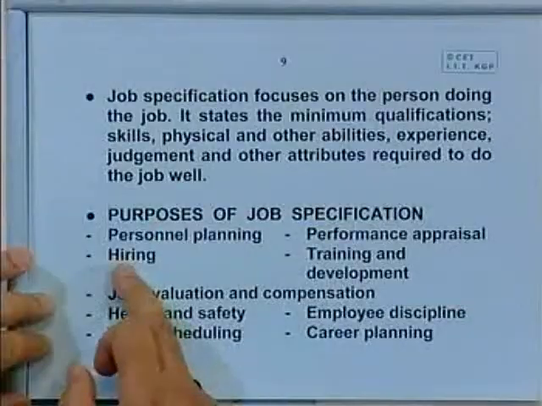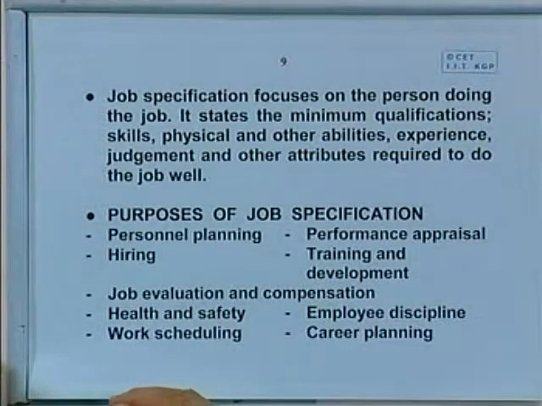It is giving the person what is his age, what is his qualifications, what is his experience, what types of experience. Sometimes these advertisements say that 10 years experience, out of which at least 3 years should be as head of a section or department. That means even the managerial and administrative experience you should have apart from job. So this is for hiring, this is very important. In fact, you may get it in the test, a question: write down the job specification for hiring general manager of this company.